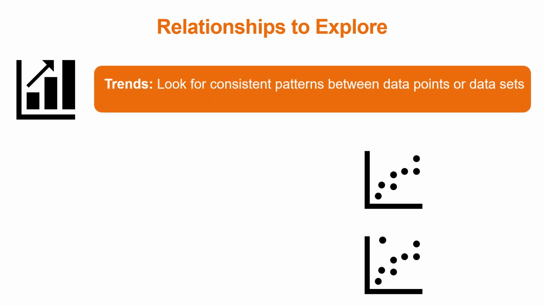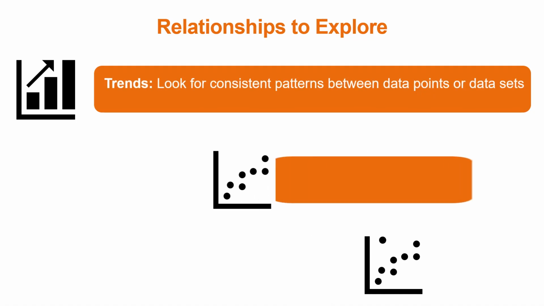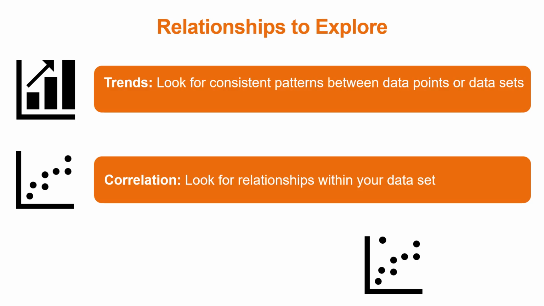The first is trends, which is when you look for consistent patterns between data points or data sets. For example, you might look at how program participation changes over time. There is also correlation, which is when we look for relationships within your data set.